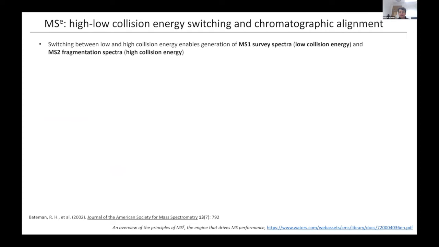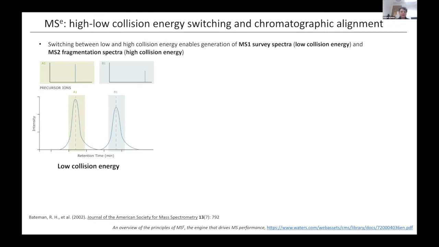Here the fundamental idea was not to perform any precursor ion selection, but to only cycle between two states where we have either a low collision energy and generation of MS1 data, or high collision energy and generation of MS2 data, but not actually separating out different precursors from which to generate this MS2 data.